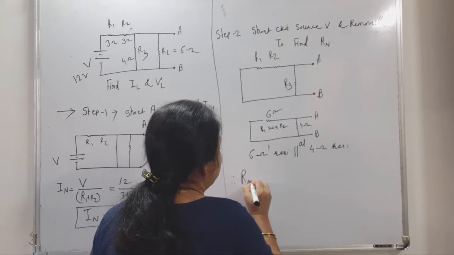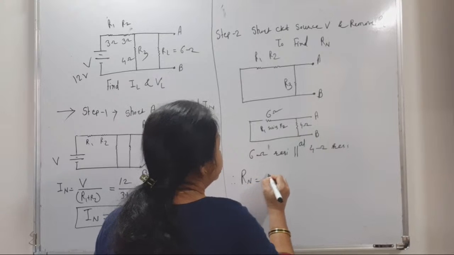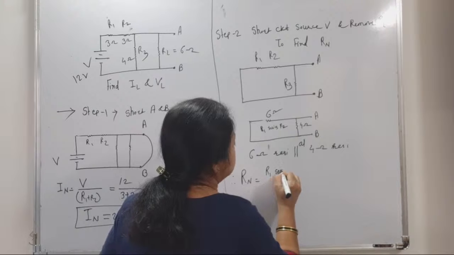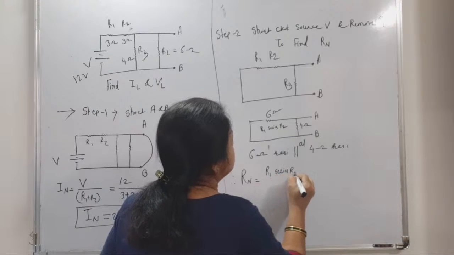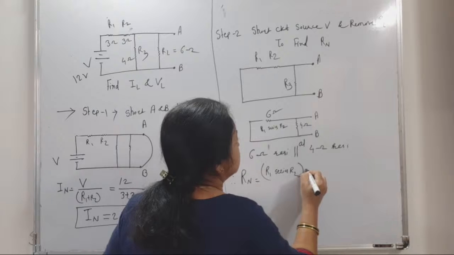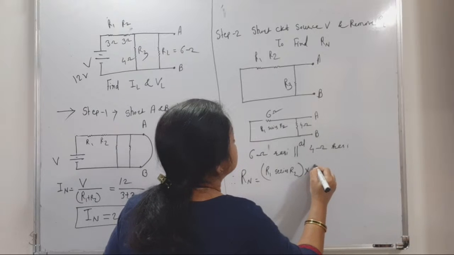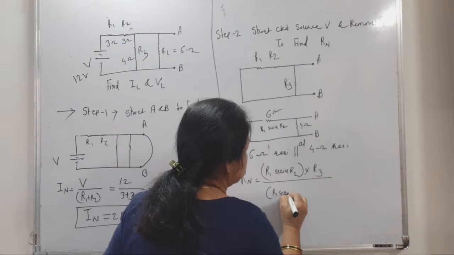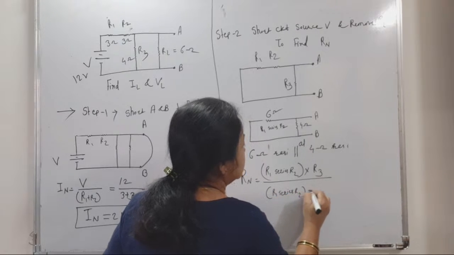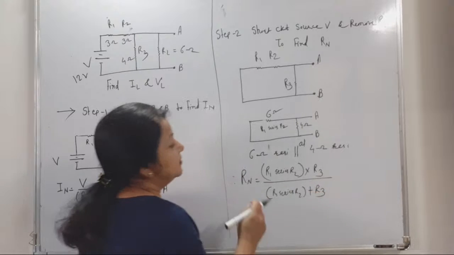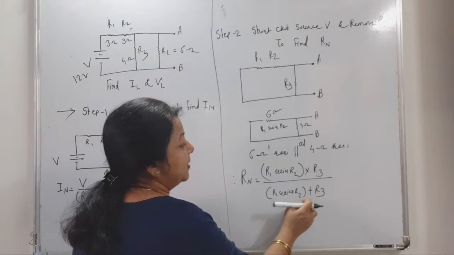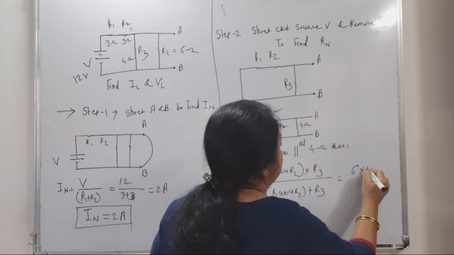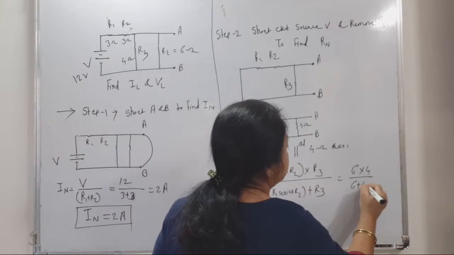Therefore, RN is equal to this into this upon this plus this. 6 multiplied by 4 upon 6 plus 4.